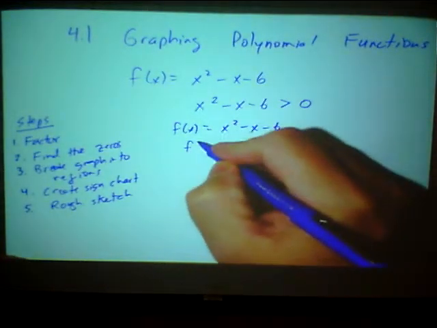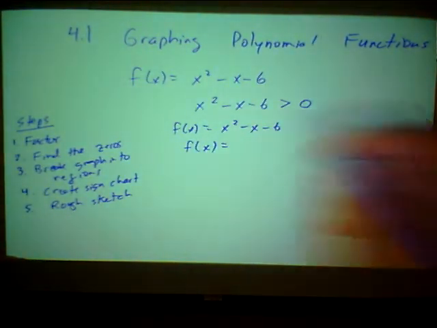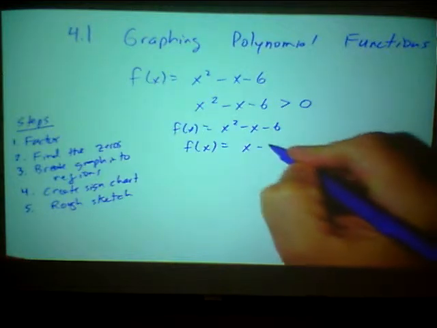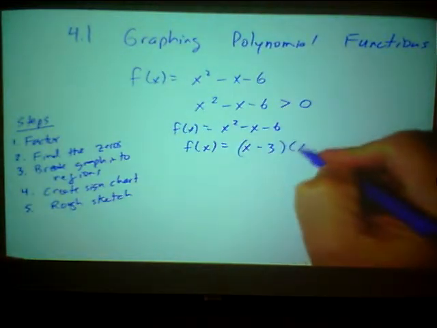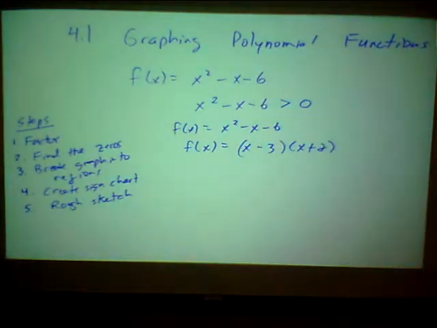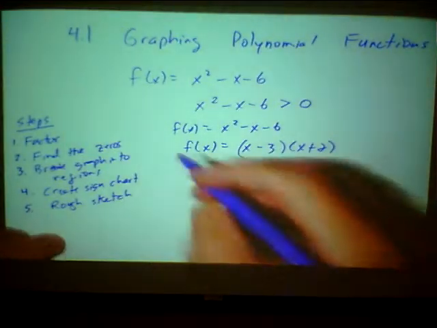Now in this case, this is a trinomial. And it should factor into x minus 3 times x plus 2. Now to find the zeros, remember, you set the function equal to 0, you set f of x equal to 0, and then solve that equation.